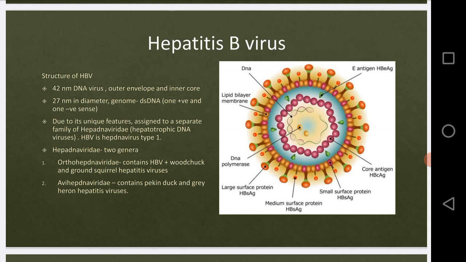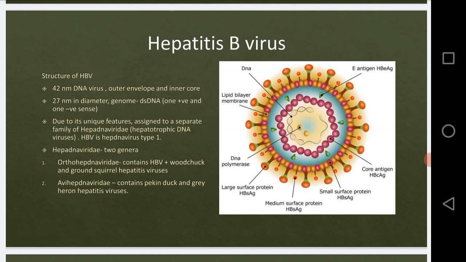The first one is Orthohepadnavirus. Our hepatitis B virus comes into this genus, plus other viruses that fall into the same category: the woodchuck virus and the ground squirrel hepatitis viruses. These viruses are named for the animals they infect.